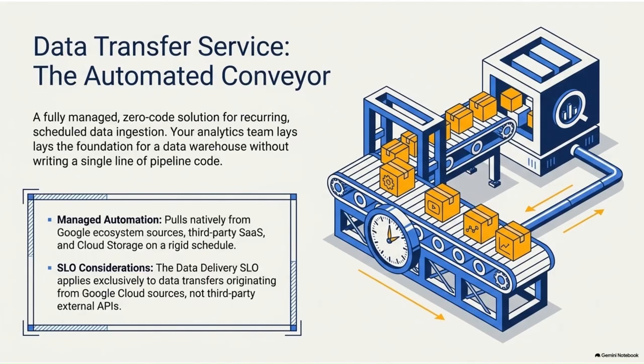Now coming to our last approach, which is Data Transfer Service, the automated conveyor. Why do we call it an automated conveyor? If you are seeing this diagram, you can think there is a conveyor belt setup somewhere. You just place the packet and the box reaches BigQuery. How does this happen? There is zero code. You automatically get a conveyor belt from Google, and that conveyor belt touches one of the sources.